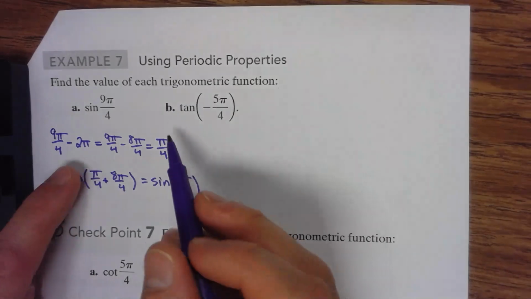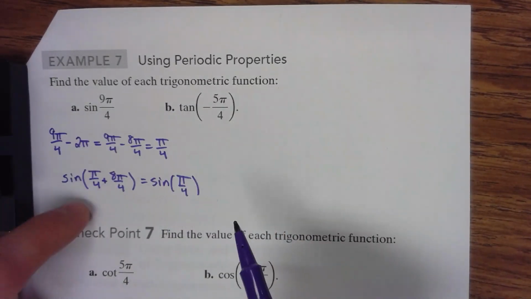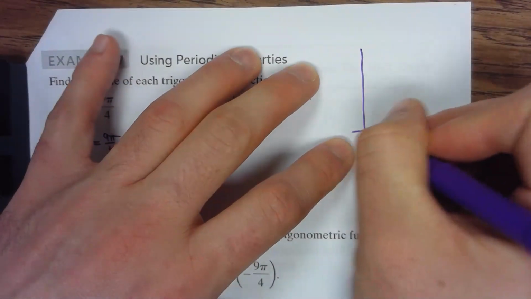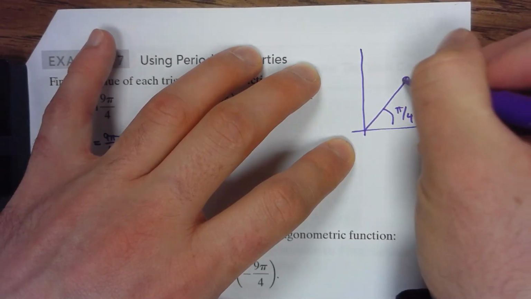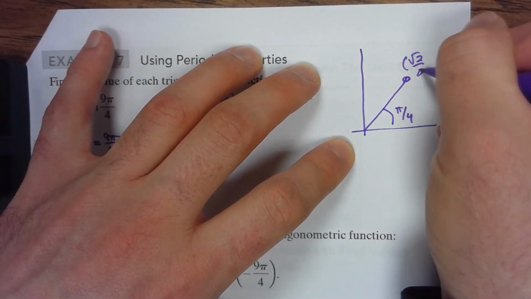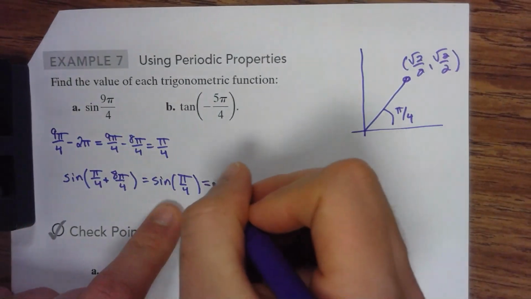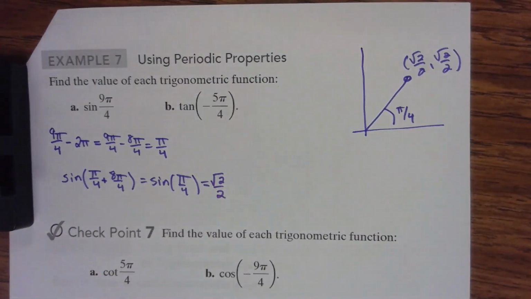That's all this work was: me identifying that 9 pi over 4 and pi over 4 are coterminal. So what is sine of pi over 4? Building my unit circle, I know that pi over 4 is that middle radian, where the coordinates are root 2 over 2, comma root 2 over 2. And the y coordinate is root 2 over 2. And that's it.